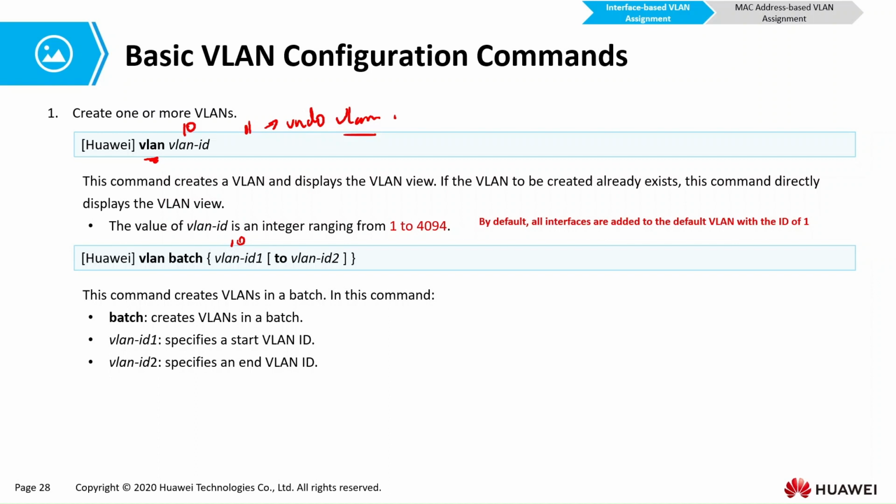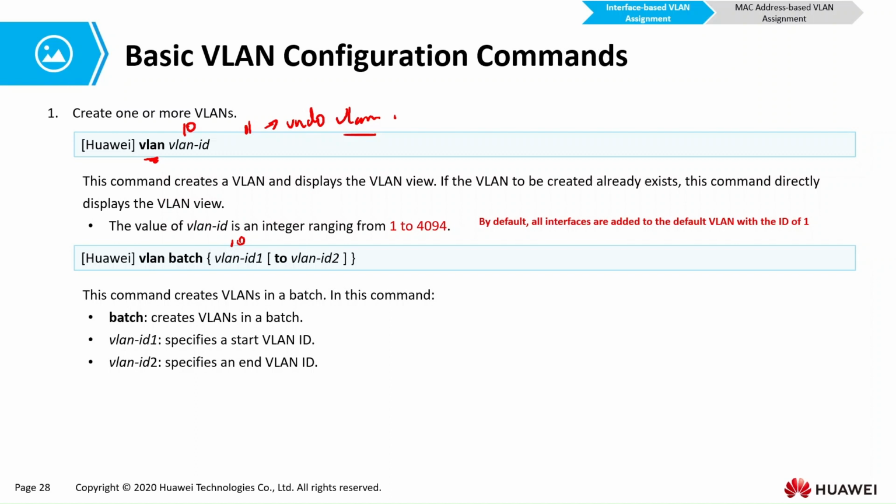For the trunk, the same thing: you need to assign this interface, GigabitEthernet 0/0/0, as a trunk, not access. Just now for access you put access; now it is trunk. Remember, for trunk we have a permitted list of the VLANs that you allow to pass. So you use port trunk allow-pass, and you tell it which VLANs, or all VLANs.